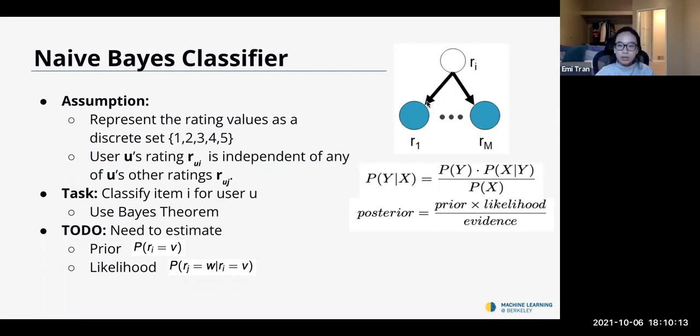This one is X and this one is Y. So given the probability of rating towards item I as R, you're trying to determine all the other green ratings.